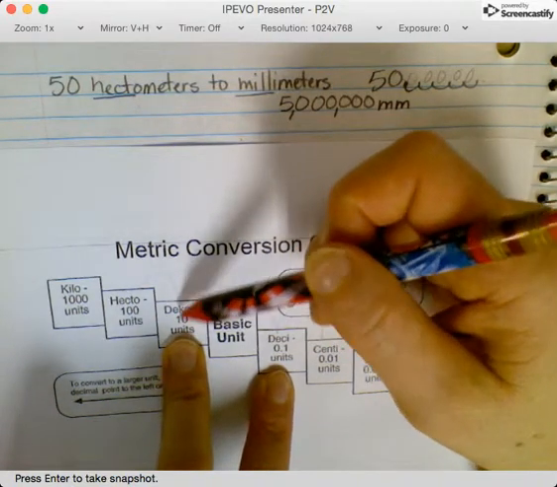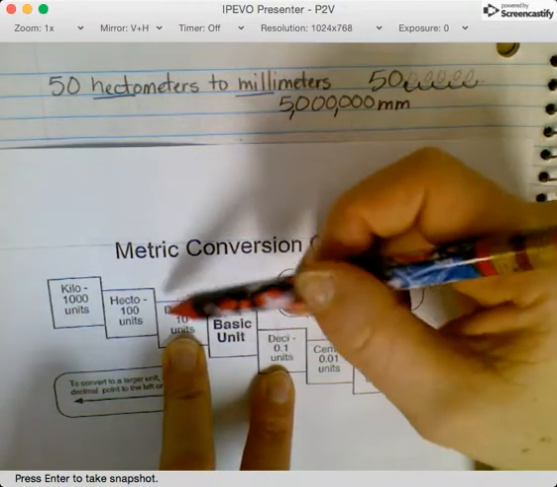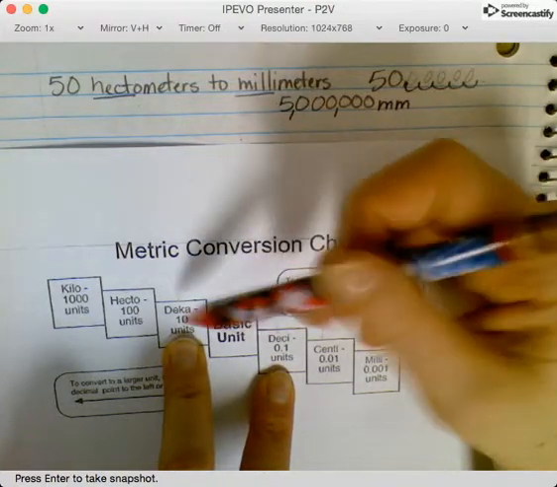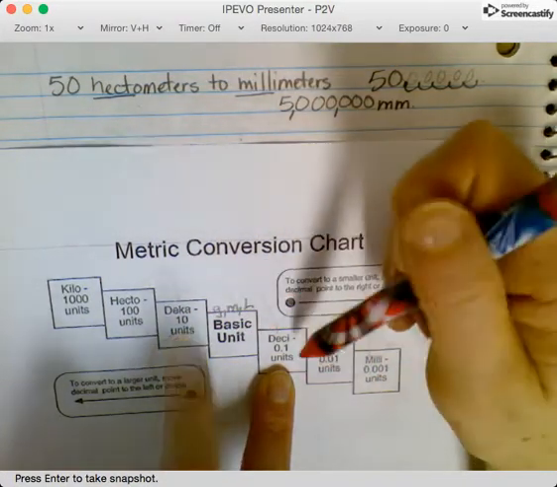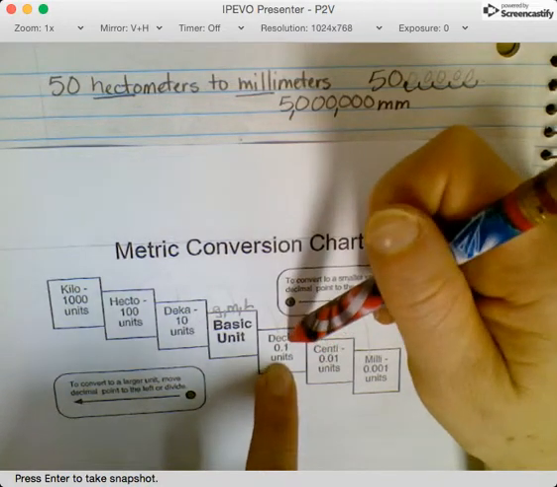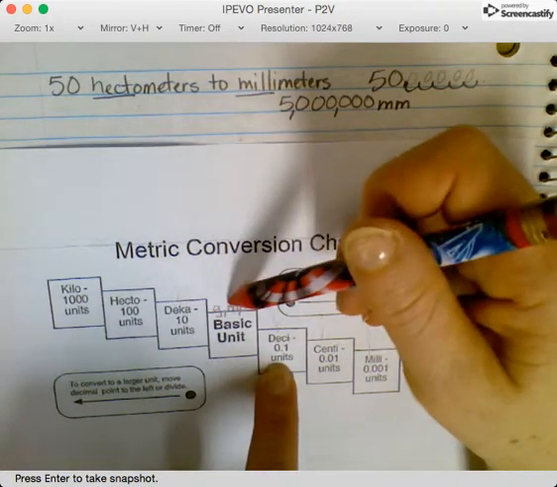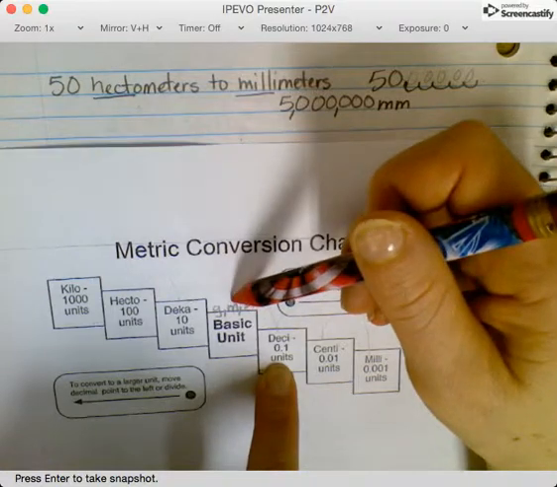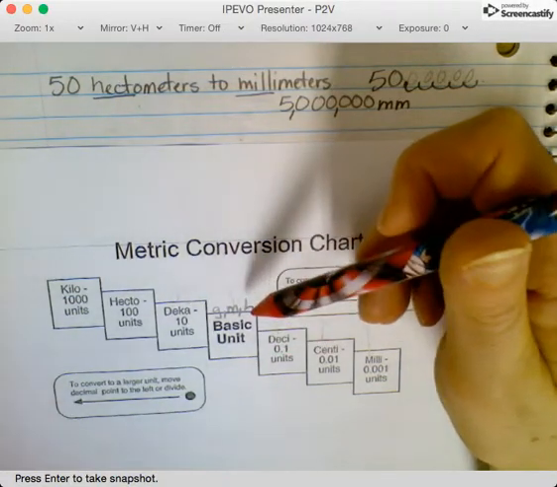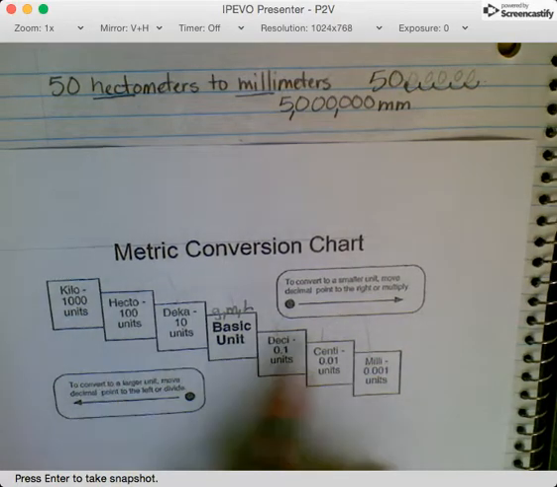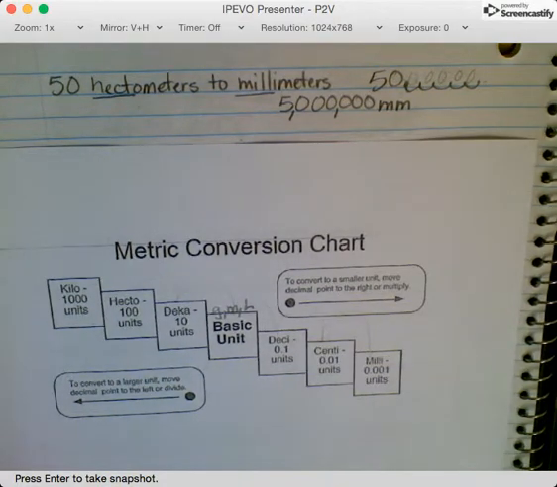Decaliters is da, so decagrams, decaliters, decameters all start with da. The deci is just a plain d. So dg is decigrams, dm is decimeters, dl is deciliters. And those prefixes are lowercase.